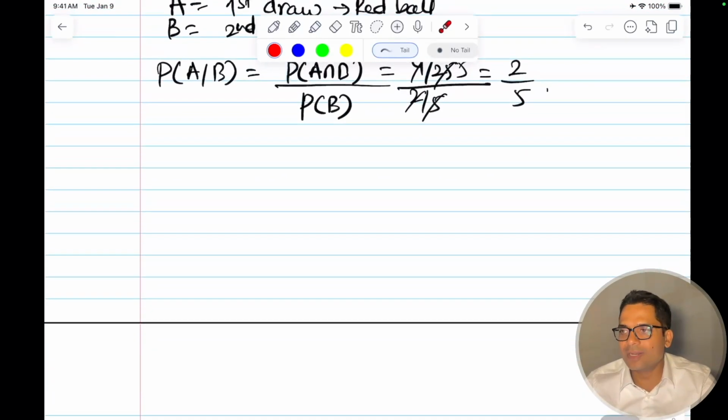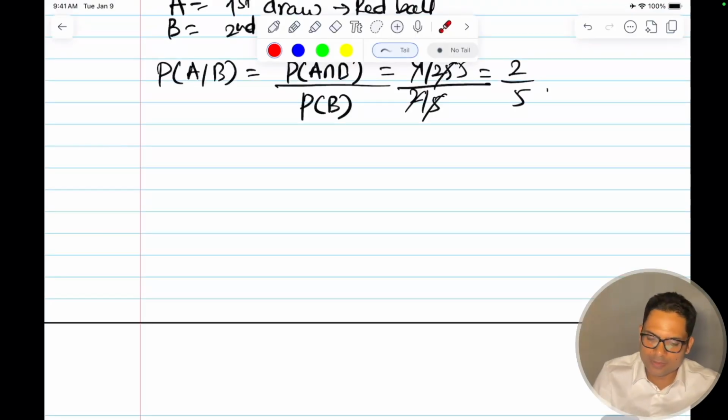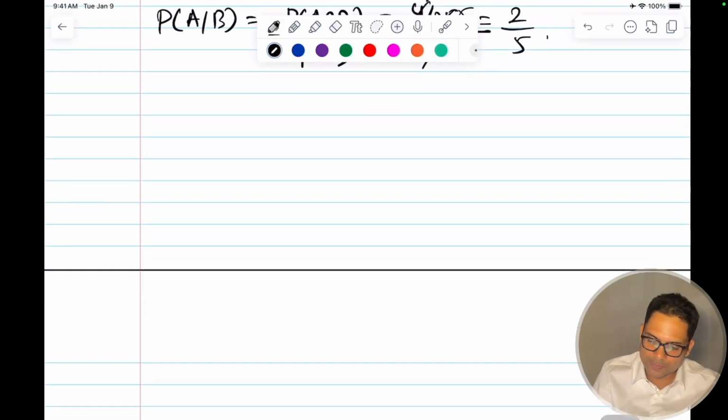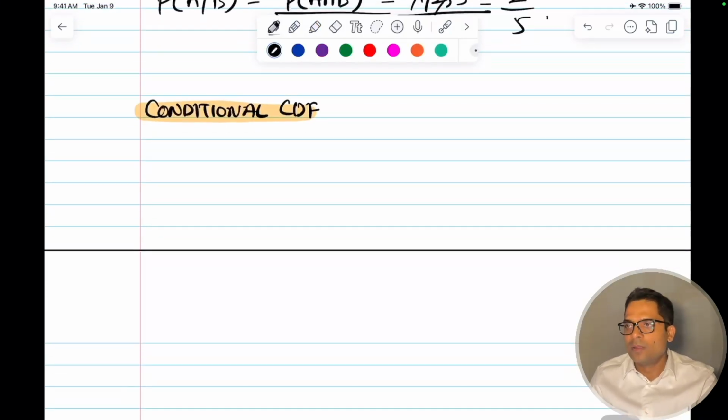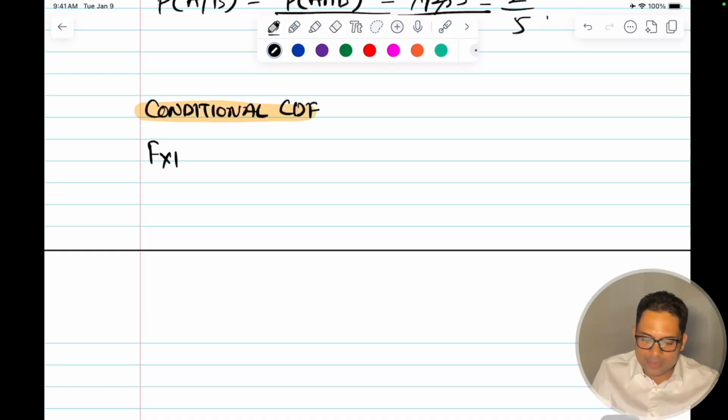So let's formally define conditional CDF quickly. What will be the conditional CDF formula? Mark the notation: capital F, X given Y. Earlier it was comma, this is that straight line.